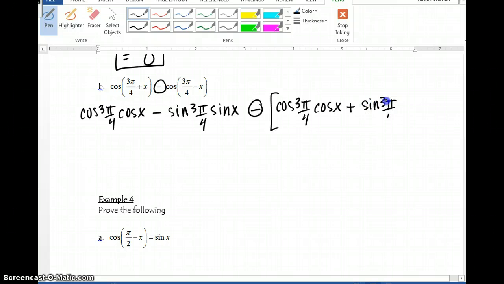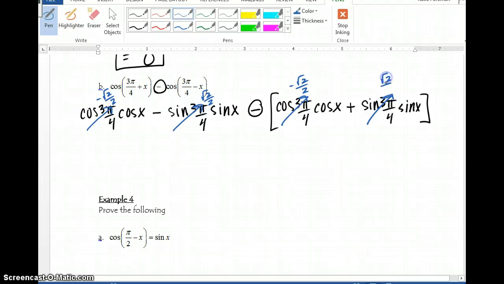Sine of the first times sine of the second. 3 pi over 4 is in the second quadrant with a reference angle of pi over 4. So this evaluates to negative square root of 2 over 2, positive square root of 2 over 2, negative square root of 2 over 2, positive square root of 2 over 2.